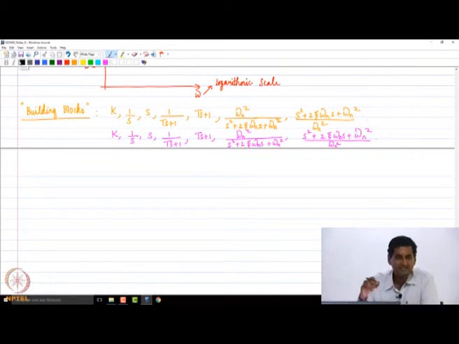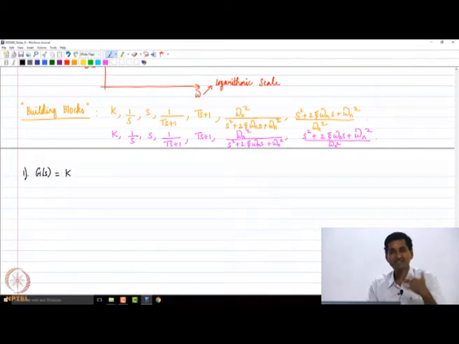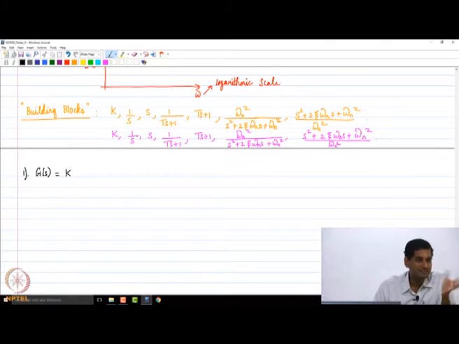So let us understand how to plot the Bode diagram for these blocks. Let me start from the first block. Let me use the symbol g of s to say that it is any generic complex valued function.